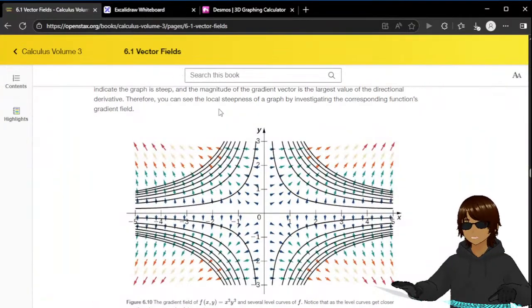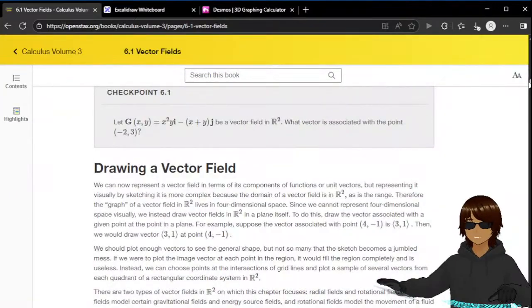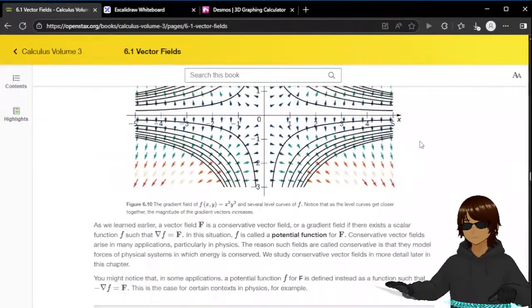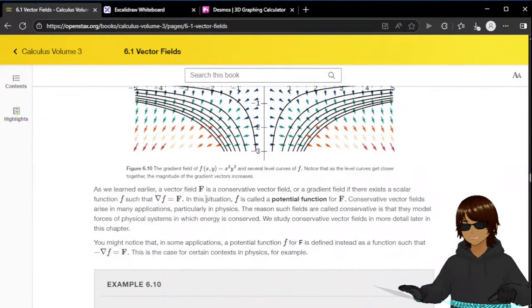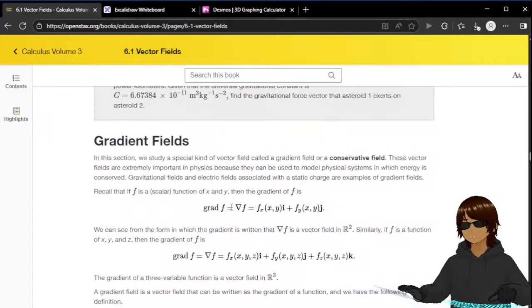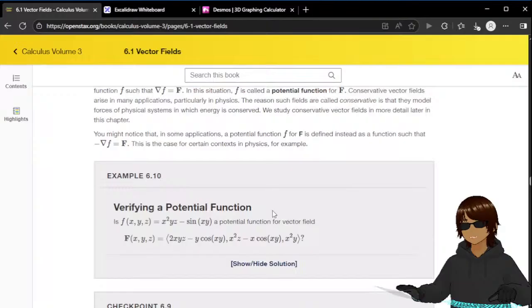Let me see if I'm correct. Small f is called a potential function for capital F if the gradient of small f is capital F. And the gradient is defined like this.